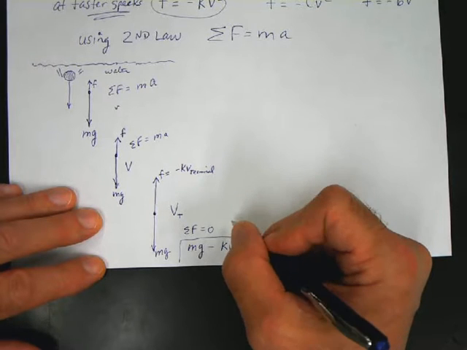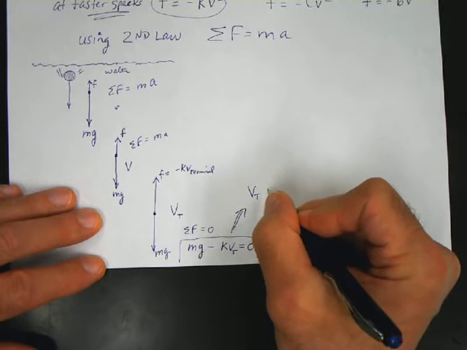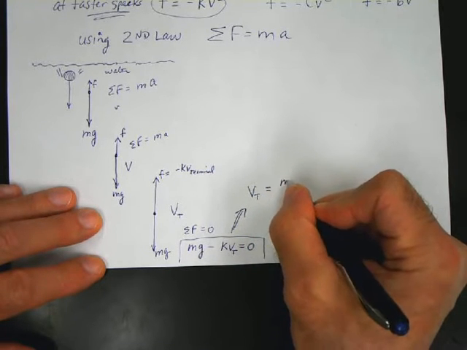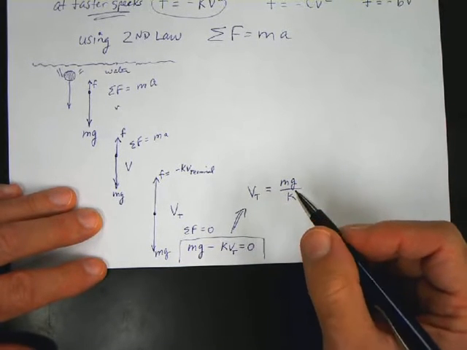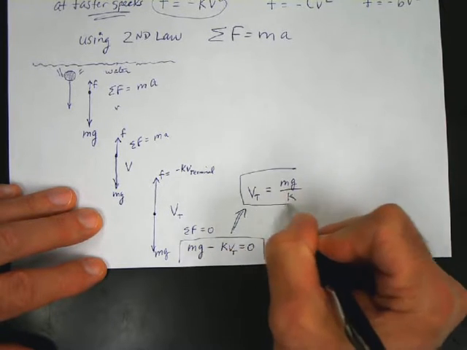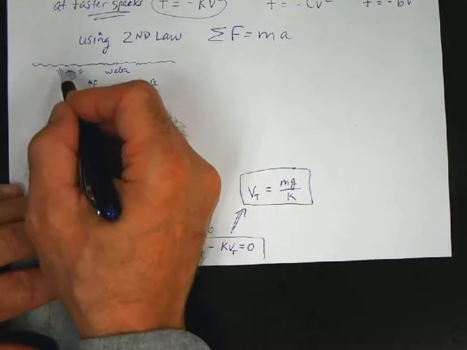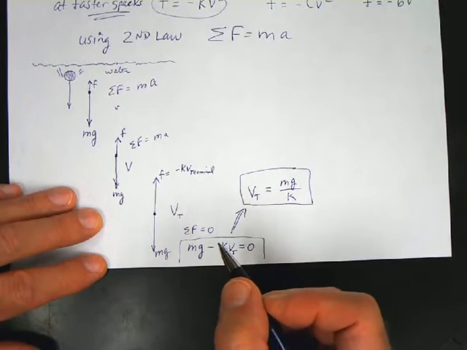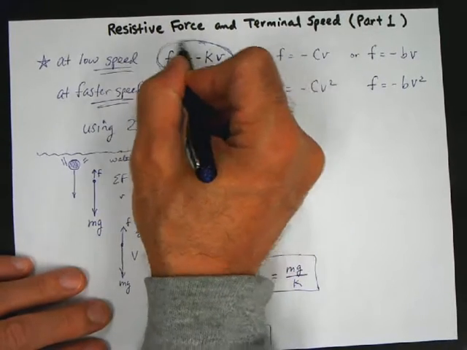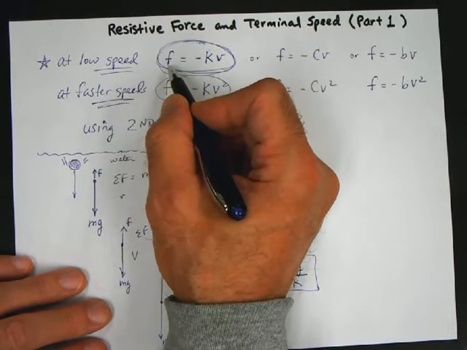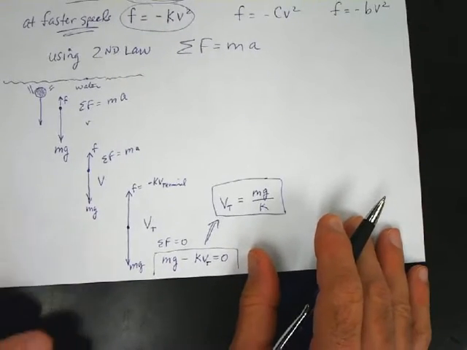Vt, or terminal velocity, would be equal to mg over k. And that's how you'd find the terminal velocity for a little pearl dropping down through something like water, where we are assuming it's a low speed situation, and we use this relationship between resistive force and speed. Okay?